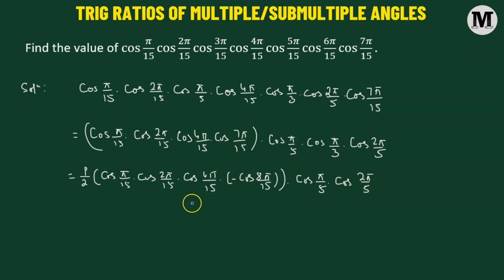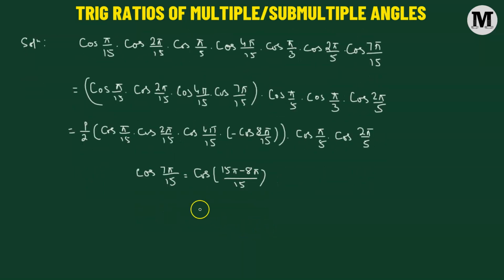So let's talk about cosine 7 pi over 15. This can be also expressed as cosine of 15 pi minus 8 pi divided by 15. Now, 15 pi over 15, this is going to give us cosine of pi minus 8 pi over 15.